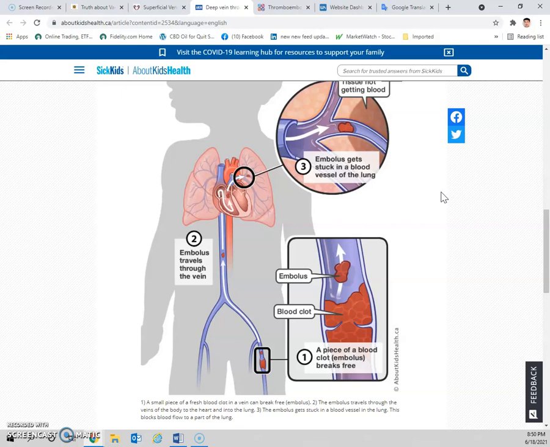So we now know that varicose veins have an association with deep vein thrombosis, and deep vein thrombosis can be the cause of pulmonary embolism. To prevent this from happening, you need to know the signs and symptoms of deep vein thrombosis. Usually pain, tenderness, swelling, and warm skin on your knees or feet are signs that maybe you have deep vein thrombosis.